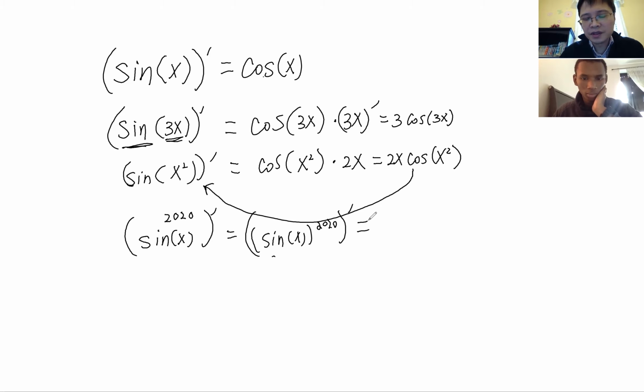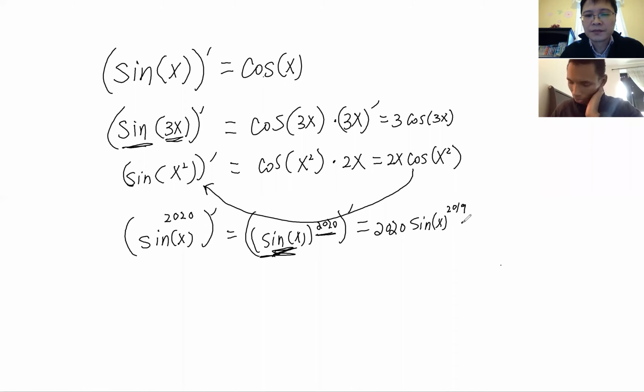This is an exponential function. So when we're doing that, we first have to use the power rule, right? So bring down the 2020, then decrease the exponent by 1, 2019. We didn't finish it because we still have my base, which is my inner function.